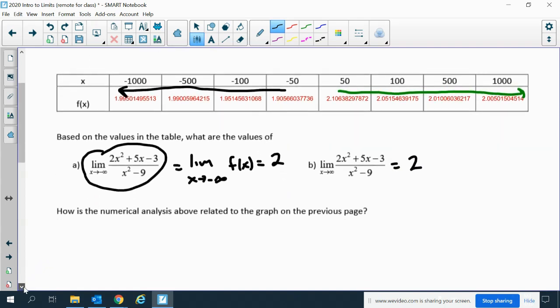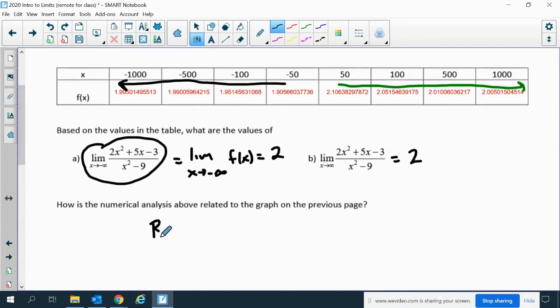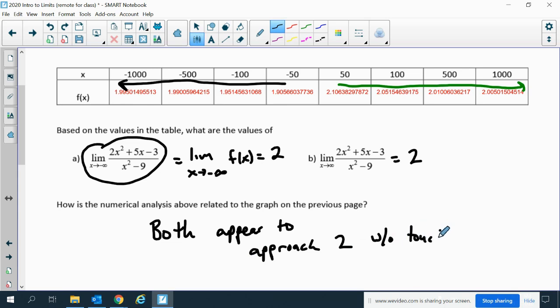How is the numerical analysis related to the graph? Both appear to approach 2 without touching 2. I should say f of x or y equals 2 without touching y equals 2. And that's kind of what it means for a limit.